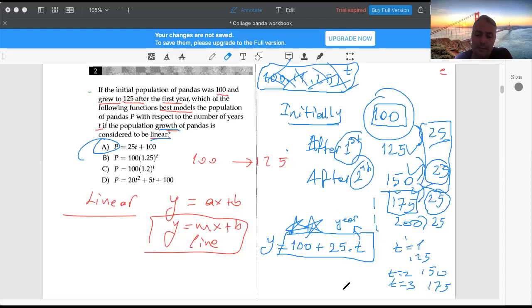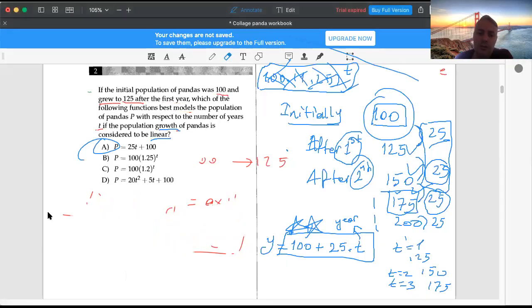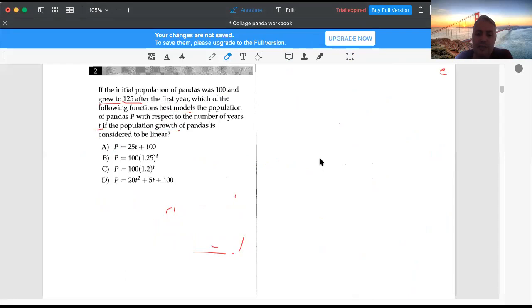You can see from the question it says linear, without solving. If you want to save time, you can look at the form of the options. Look at A, it's the only one that satisfies linear, because it's mx plus b. You are right. This is the test technique you are telling me. That's right, it's very good.